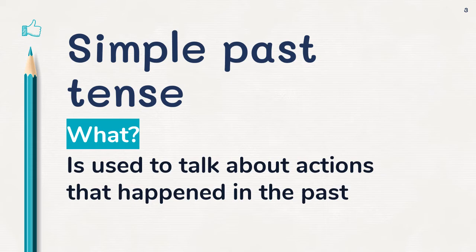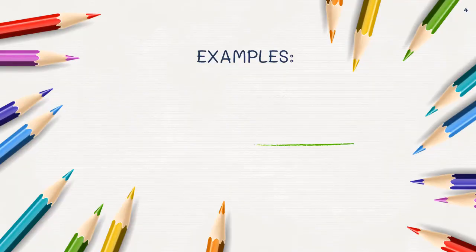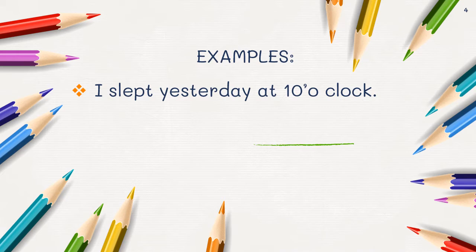Okay. Now let's look at some examples of sentences in simple past tense. Now can you read the first sentence for me? I slept yesterday at 10 o'clock. Okay children, can you tell me what is the verb in this sentence?